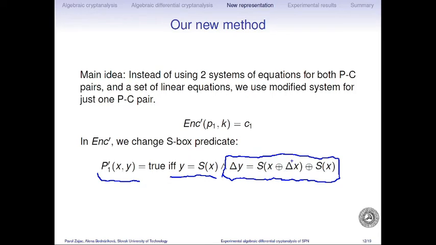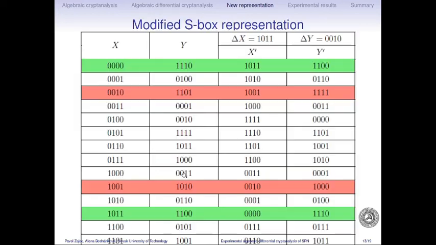So we suppose the delta x on this S-box led to delta y, and we add this information to the predicate describing the S-box. This is the way we do it.